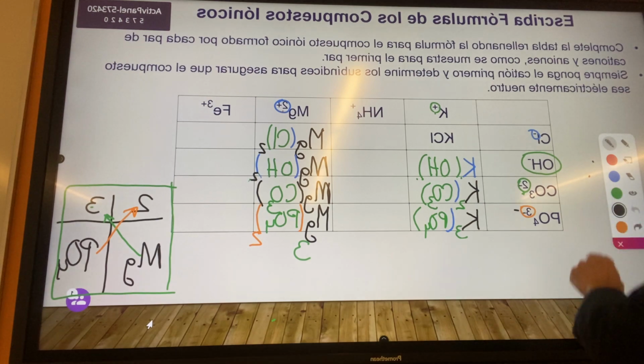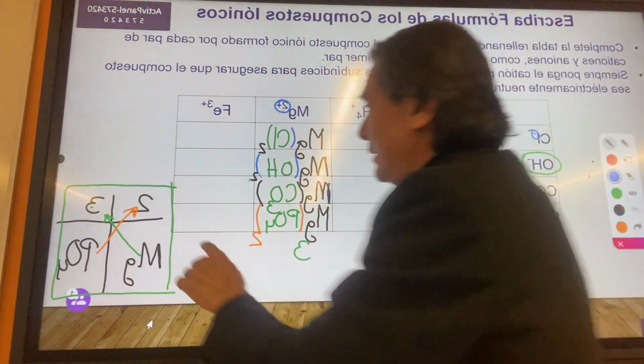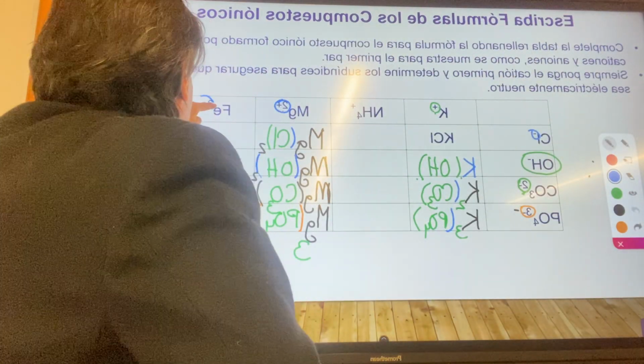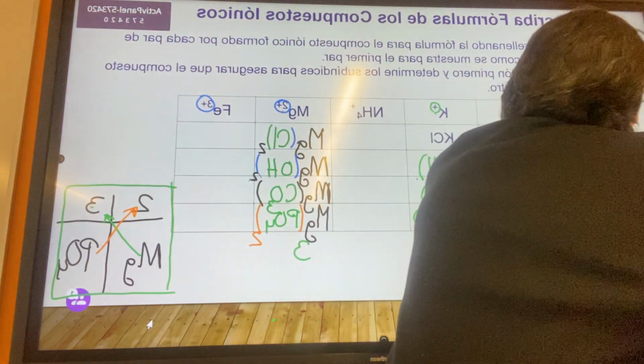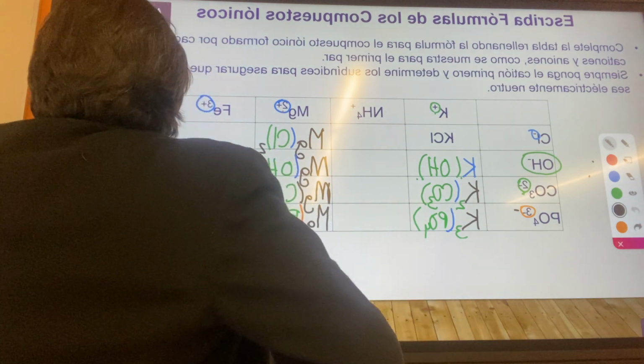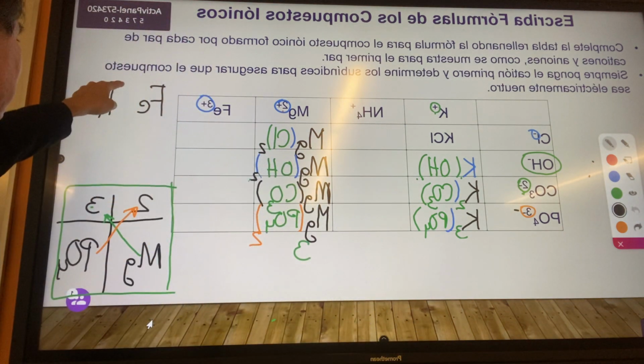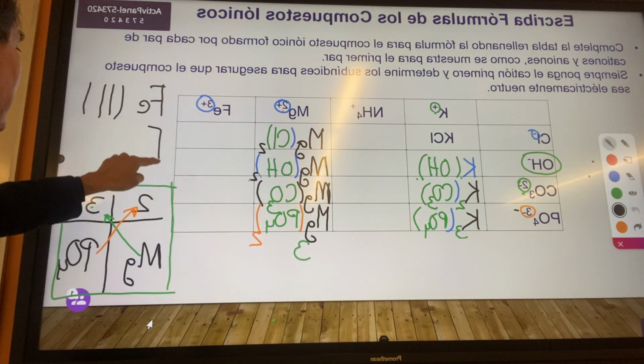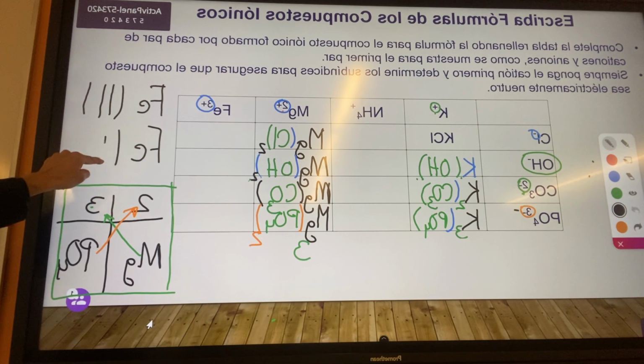Iron is very interesting in that iron can exist as iron 2 or iron 3.